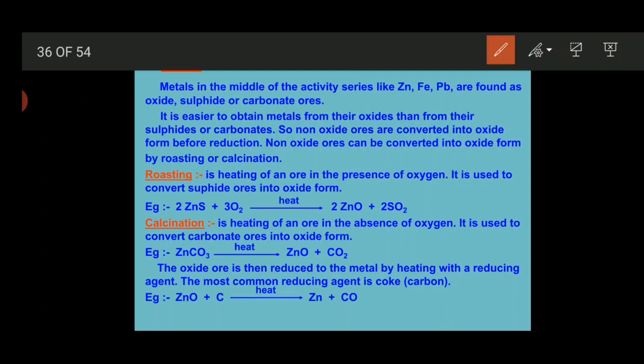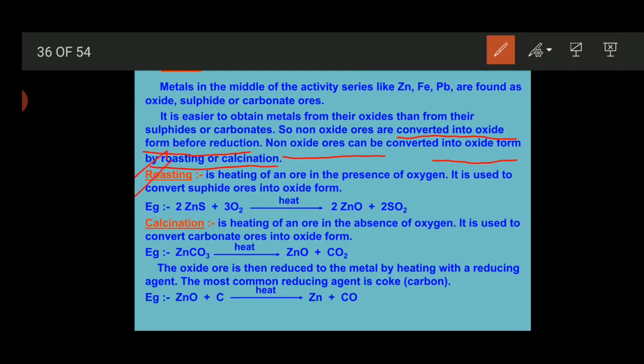So non-oxide ores are converted into oxide ore form before reduction, meaning before going into a reduction process with the help of another element, they first get converted from sulfide ore or carbonate ore into their oxide ore. So non-oxide ore can be converted into oxide form by the roasting process or calcination process.